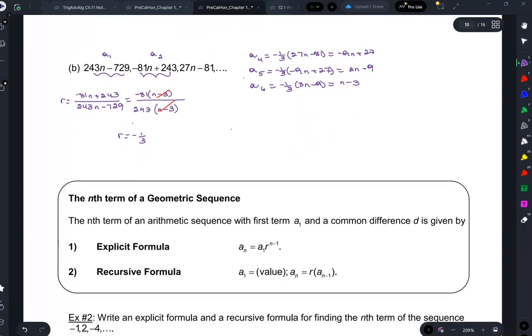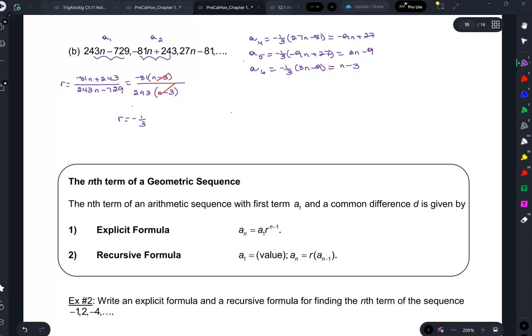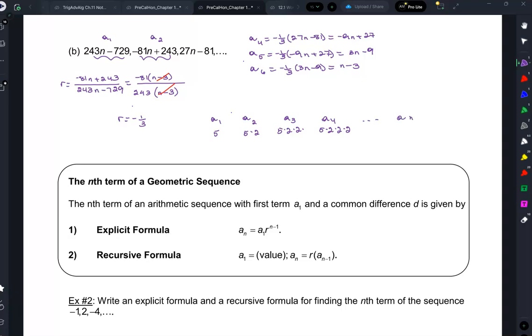All right. So, again, we can find an explicit formula for this. Let's go with that example above where the first number is 5 and we're multiplying by 2 each time. So A1 is 5. A2, 5 times 2. A3, 5 times 2 times 2. A4, 5 times 2 times 2 times 2. And so on all the way to An.